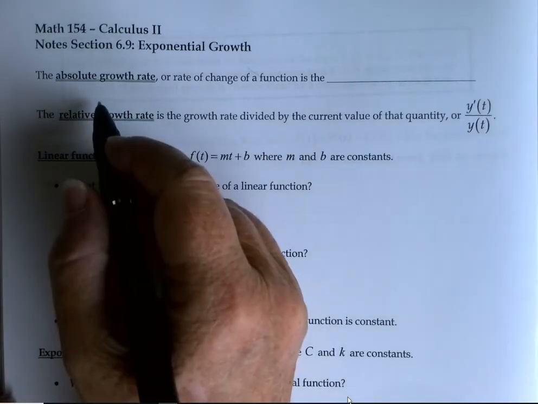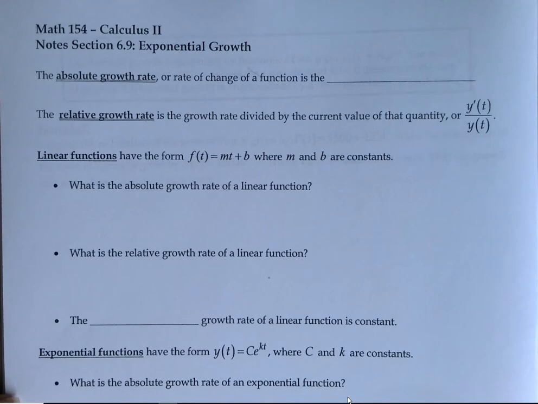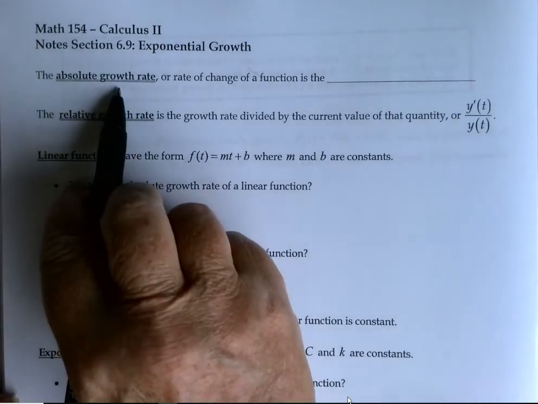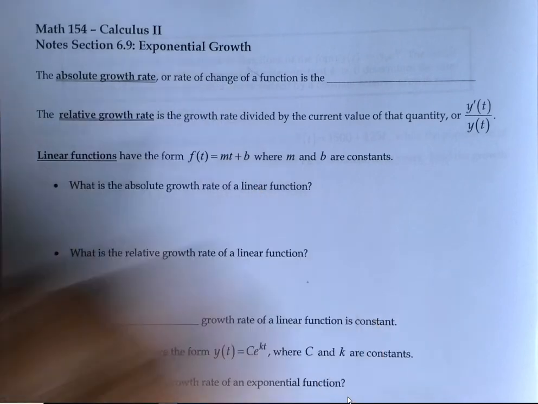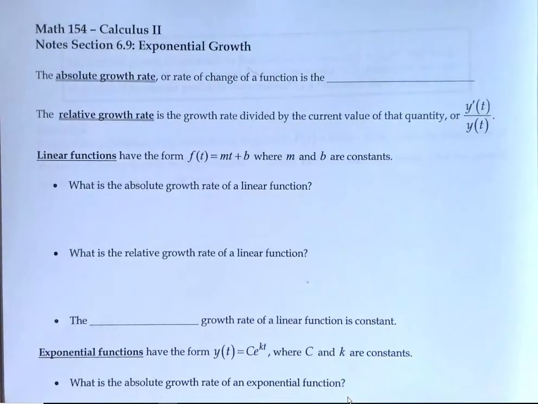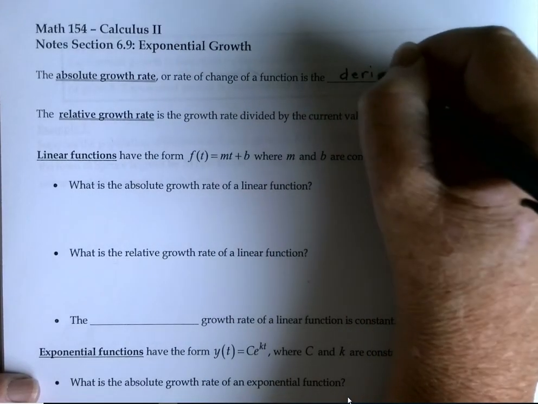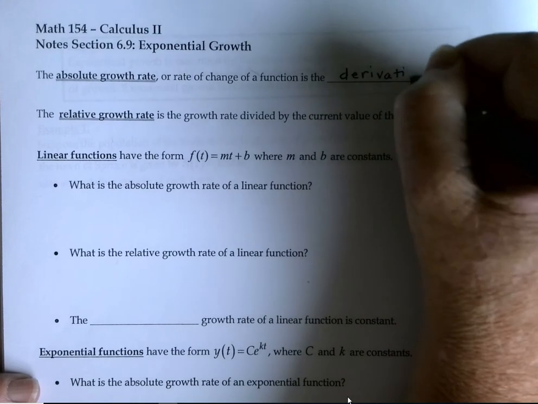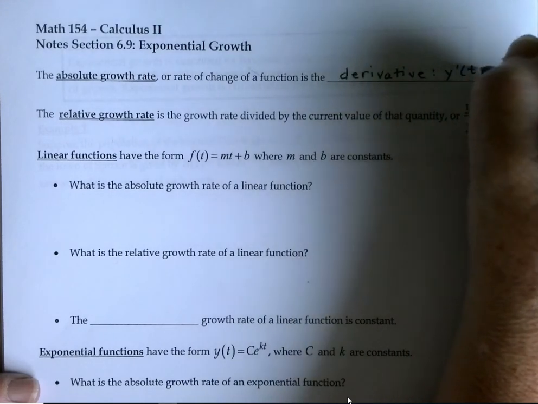All right, we're going to start by talking about the difference between the absolute and relative growth rates. The absolute growth rate is what we've just been calling the rate of change of the function, and that's going to be the derivative. We're changing over time.